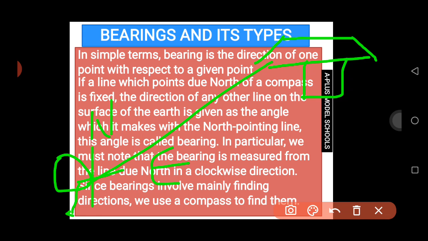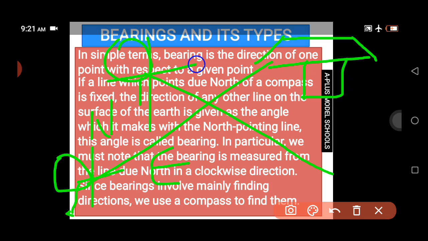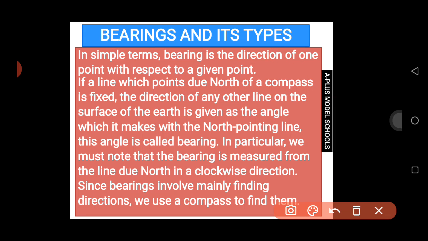It means where I'm looking, my direction is between north and east. But if I'm standing here and I'm looking at an object here, it means my direction will be southeast. You can see, it depends on the direction I'm looking at. That's why we said bearing is the direction of one point with respect to the other.